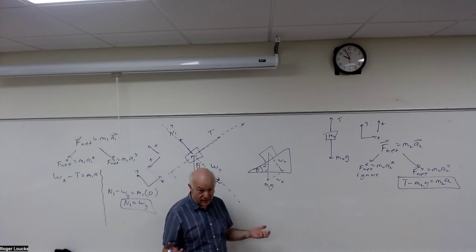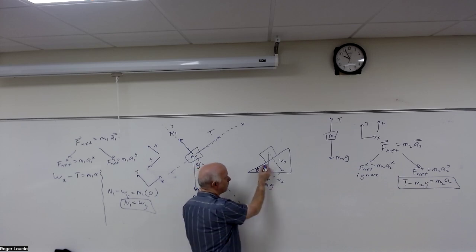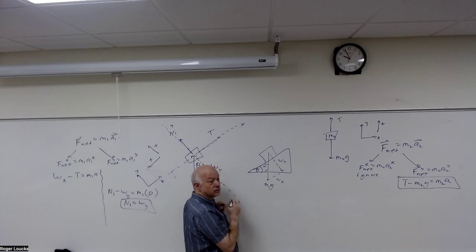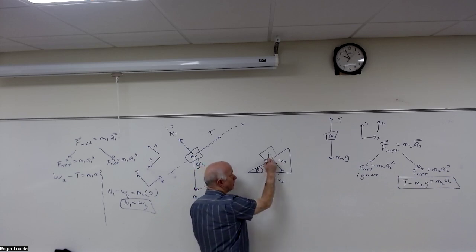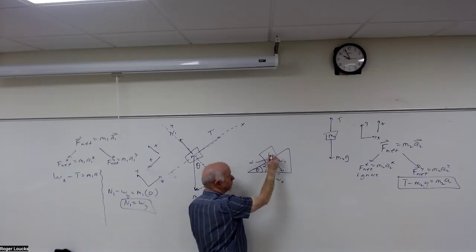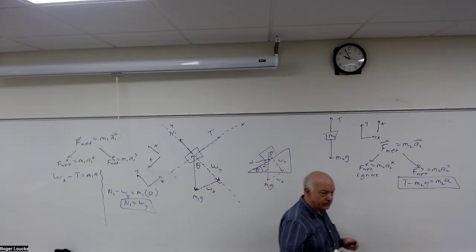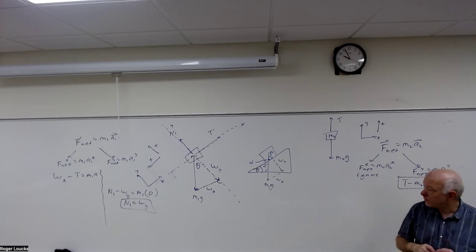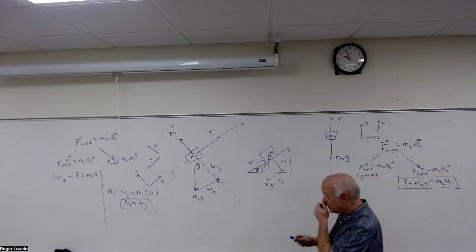They have to add up to 180. If this is alpha here, where else do I have alpha? Right here. This angle right here is also alpha, and here's 90. So that angle here must be theta.